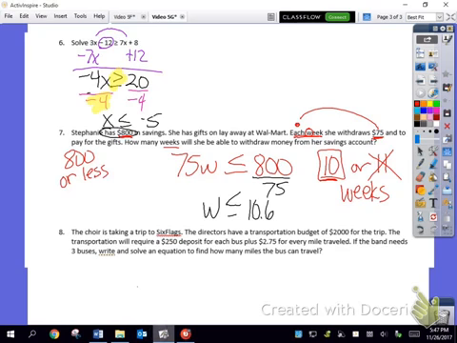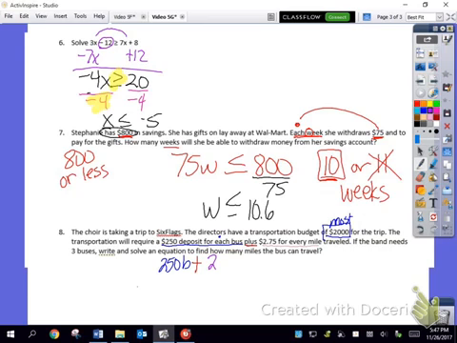Okay. The choir is taking a trip to Six Flags. The directors have a transportation budget of $2,000. That means that's the most they can spend. They can't go over that. The transportation requires $250 for each bus, so that's $250 times B plus, and then you have $2.75 for every mile.